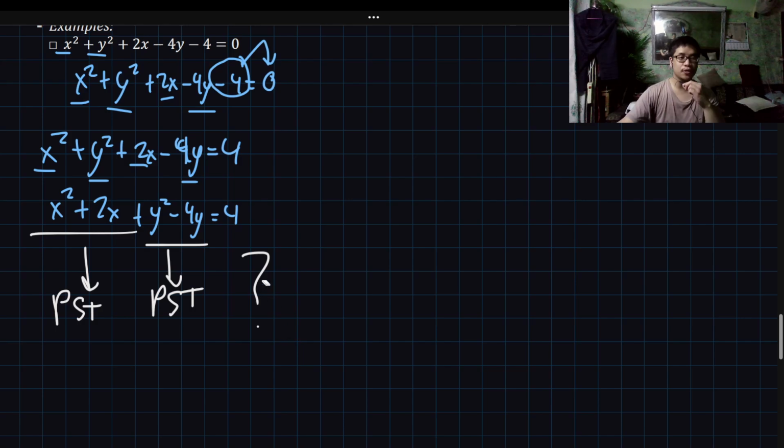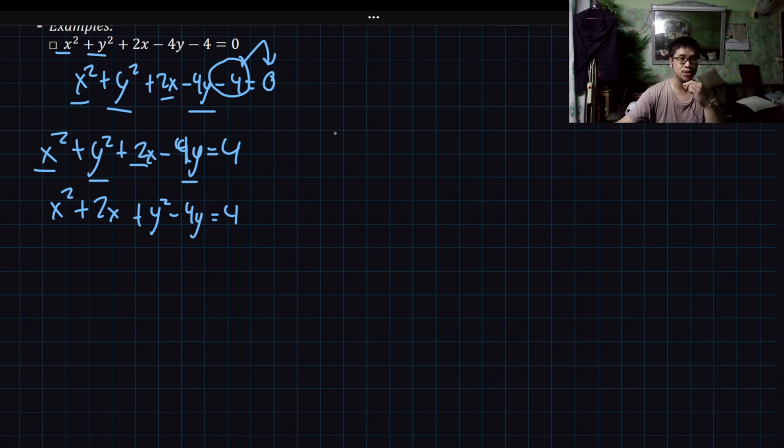First and foremost, make sure that you have two given terms. One is a second degree term. It could be x squared, y squared, any variable, as long as it has a second degree term. And it has a first degree term, and that first degree term has a given coefficient, which should be a real number.